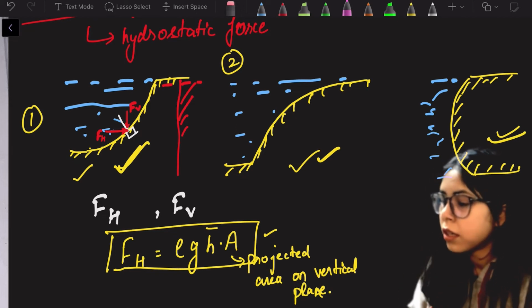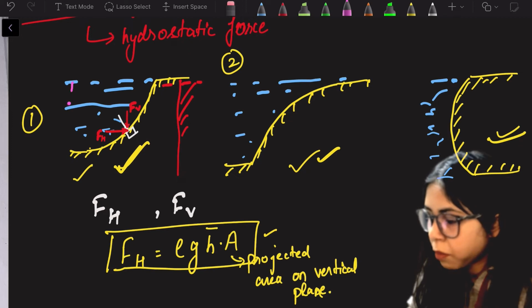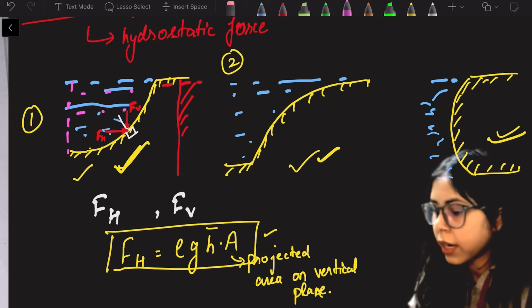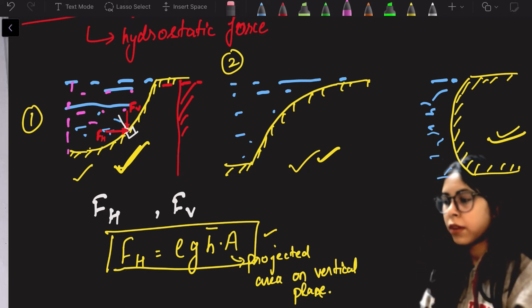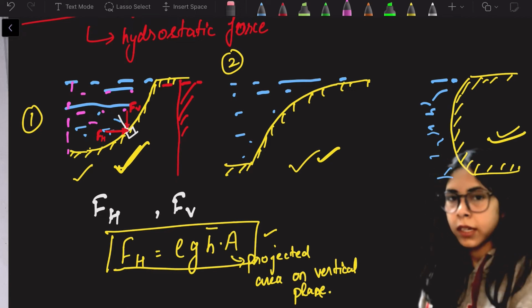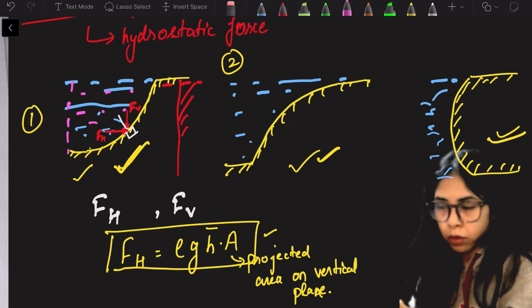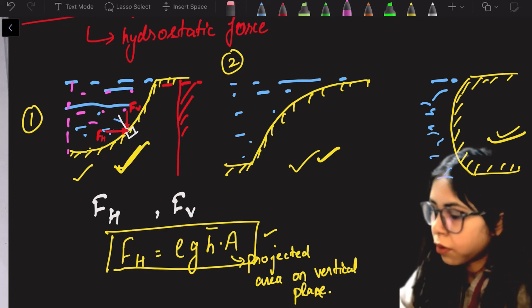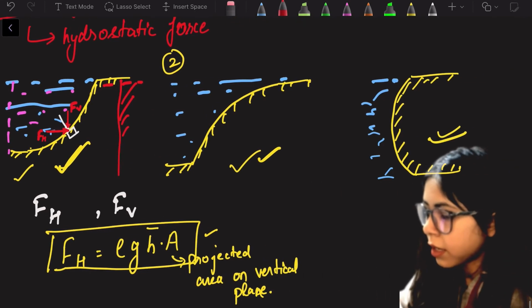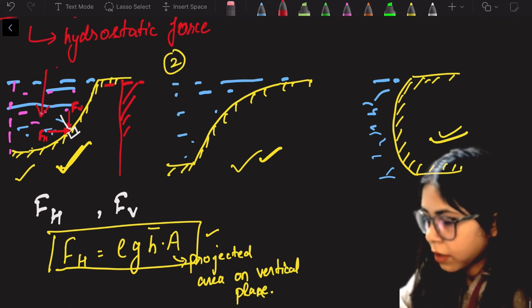So the weight of the water this curved body is supporting is this much. If I get this much weight of the water, we can calculate it by this. Now the weight of the body acts downward, so this particular vertical force Fv acts in the downward direction.